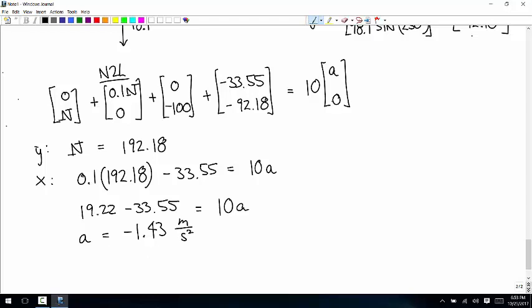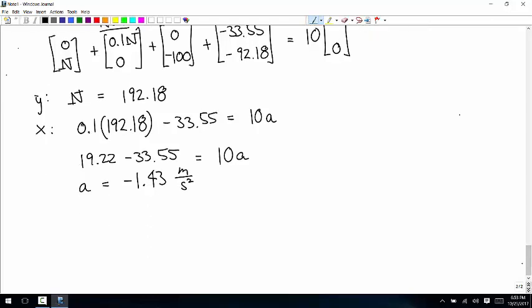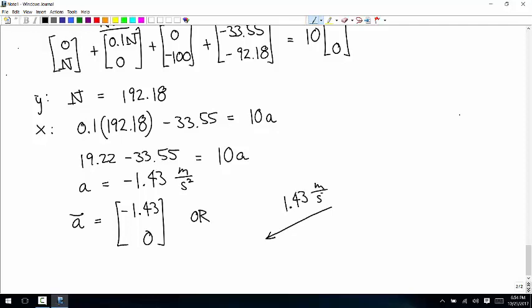And so plug that back into the acceleration vector, and you get that the acceleration vector is negative 1.43, 0, or it's in the negative x direction. Now our negative x direction is tilted along that new coordinate system, so it's like this direction. Magnitude of 1.43 meters per second squared.